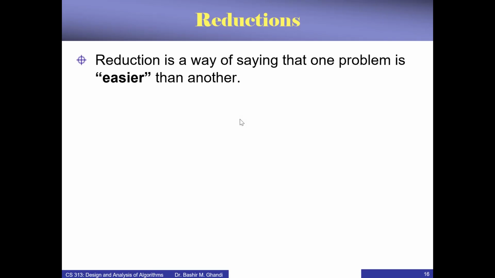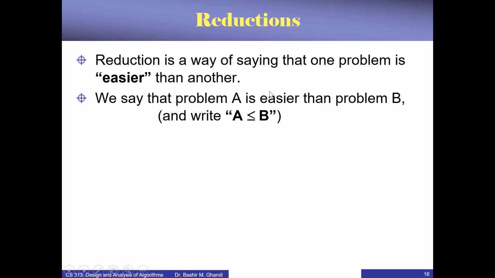Okay, reduction. Reduction is a way of saying that one problem is easier than another. Or in other words, a problem cannot be harder than another problem. So this is how we define it.